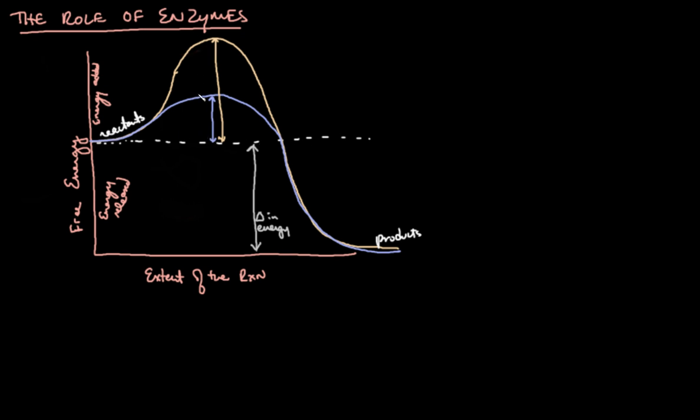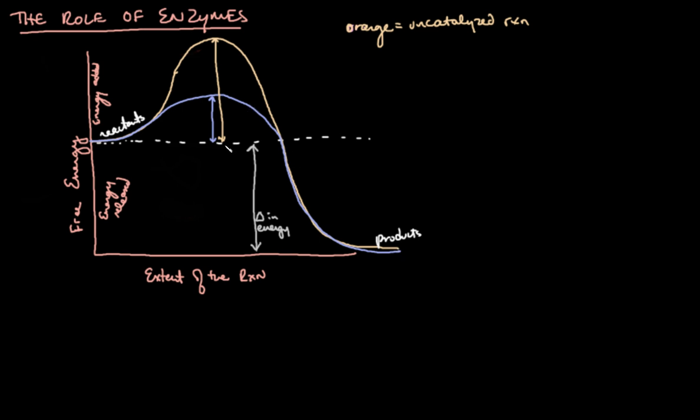So there are two graphs here. Let's start with the orange one. Orange is going to be the uncatalyzed reaction. So it starts here, they both start at the same amount of energy, but overall more energy is added to the reaction in order to drive the reaction to the same products.